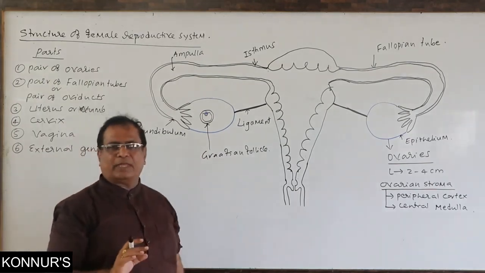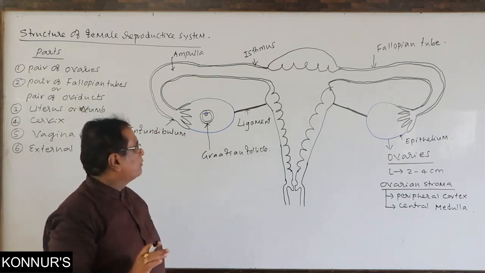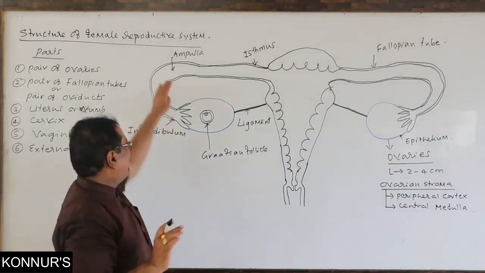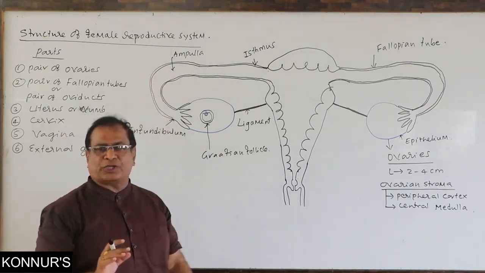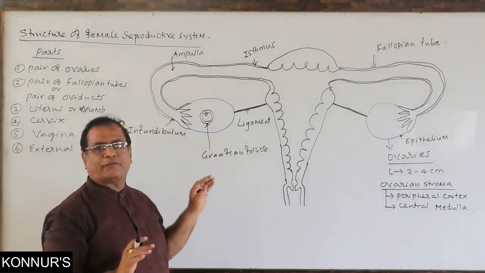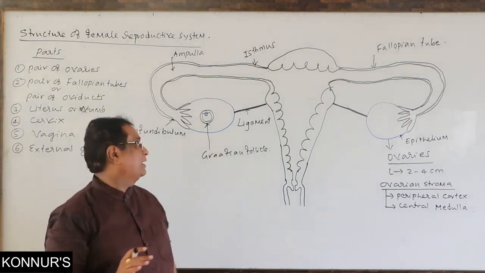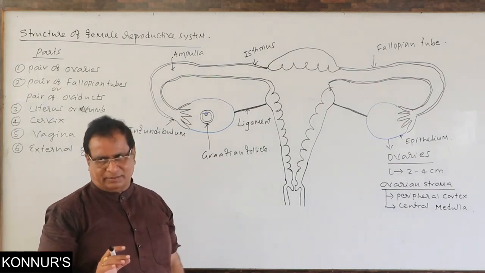Infundibulum is the part which connects to the ovary, a slightly enlarged portion is ampulla, and the part of the fallopian tube connected to the uterus is isthmus.